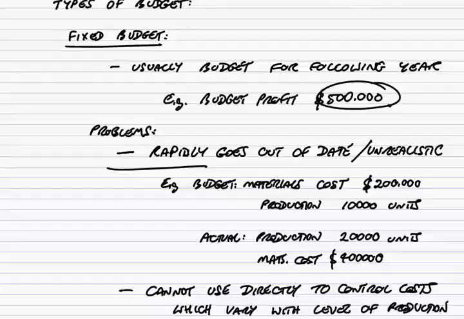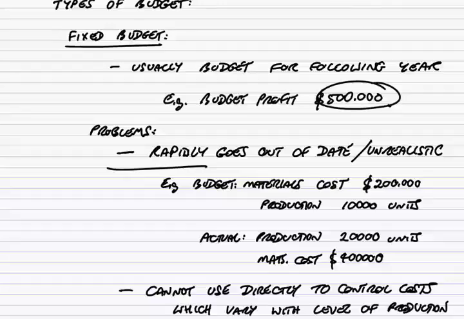Now, again, the problem may be easily solved. To the first problem, that it goes out of date, fine. I said most companies do update their budgets. The original budget said 500, turns out to be completely unrealistic.